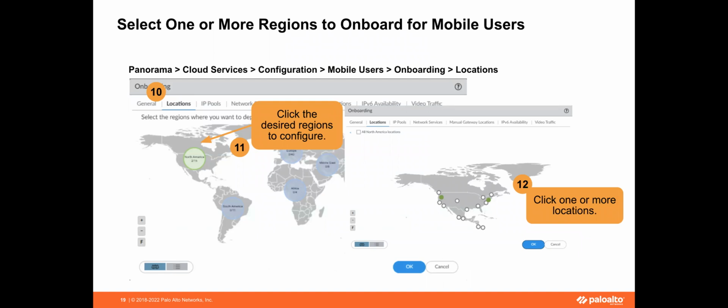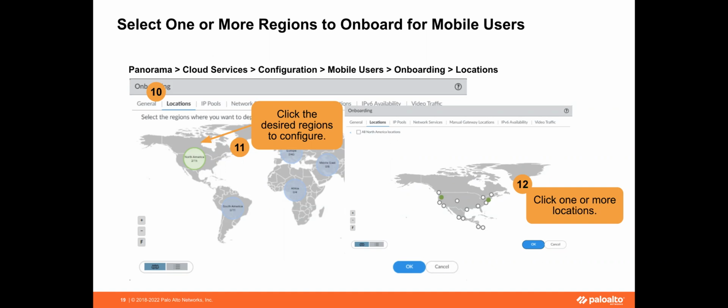Now, the locations, you can find them in Panorama, Cloud Services, Configuration, Mobile Users, Onboarding Locations. The location tab displays a map that shows where locations associated with the 8 compute regions can be provisioned around the world. This map will allow you to enable locations as close to the mobile users as possible.